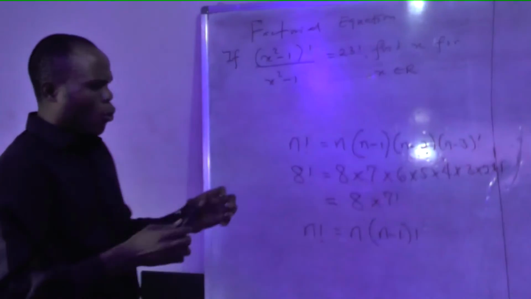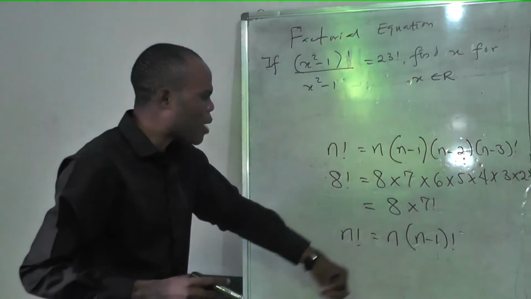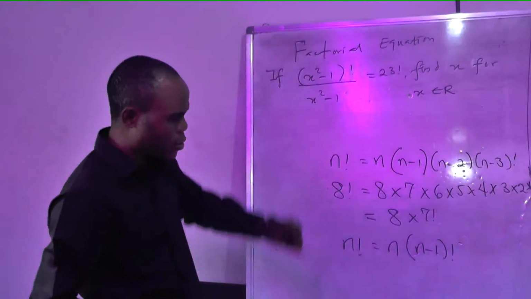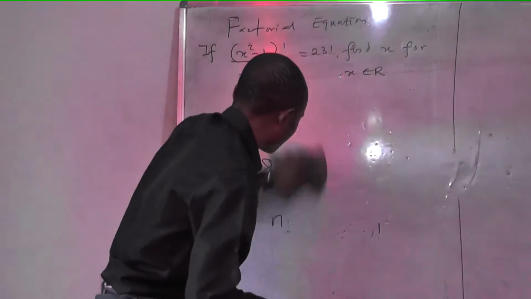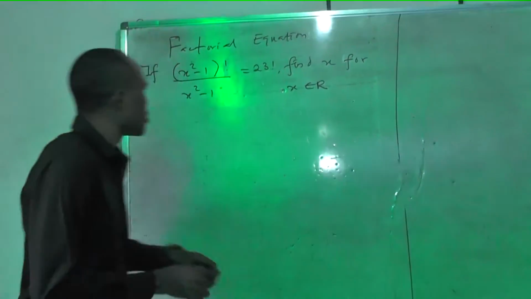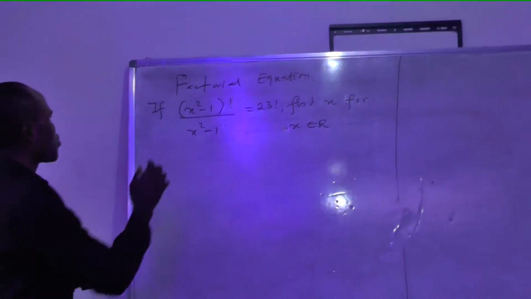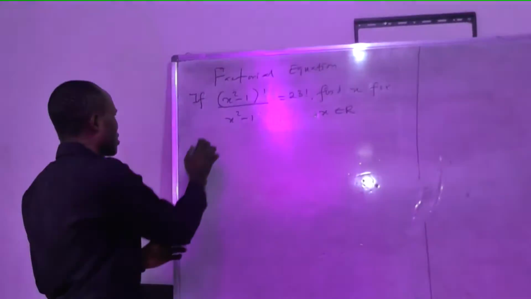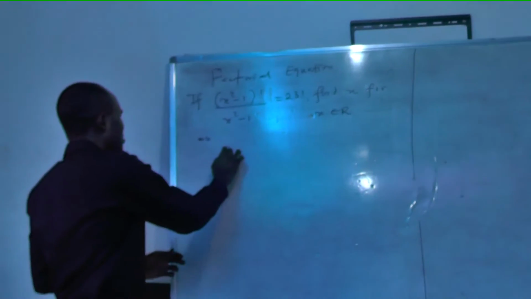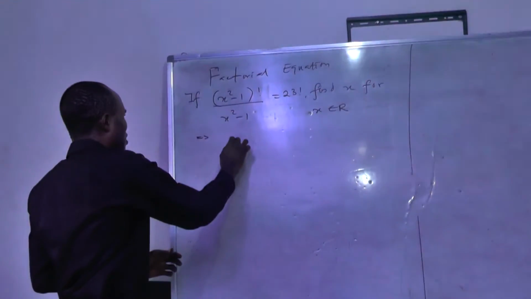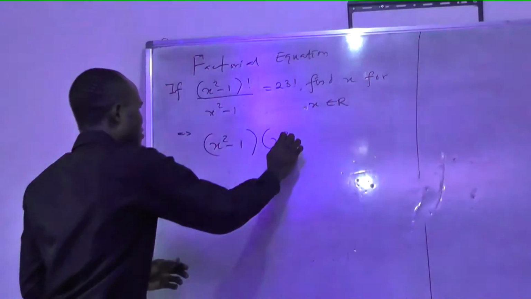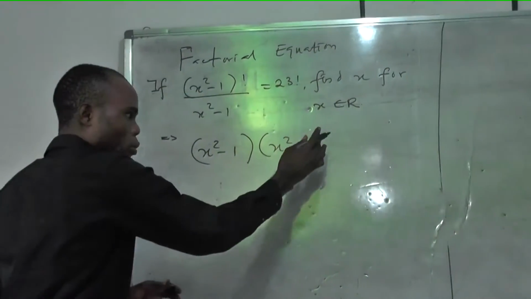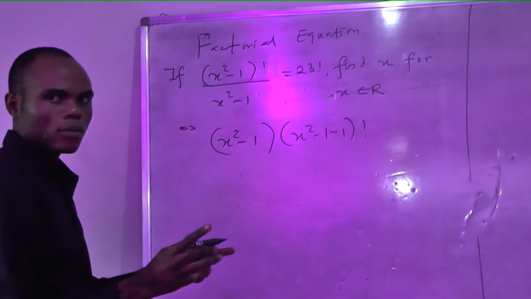So what we're going to do now is apply this technique to this problem. Let us solve the problem now. So (x squared minus 1) factorial will be written as (x squared minus 1) times (x squared minus 1 minus 1) factorial.